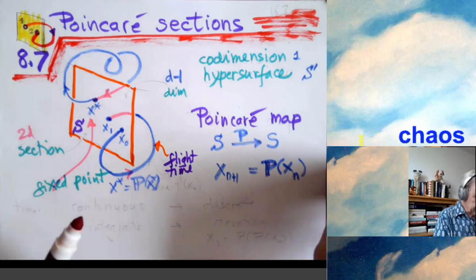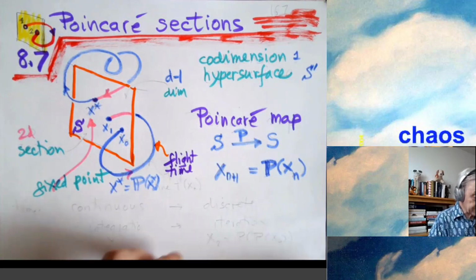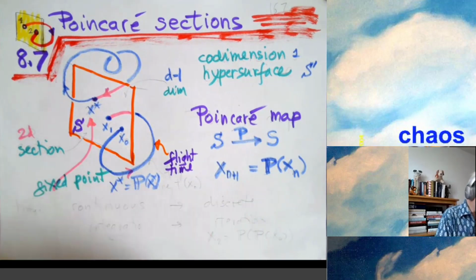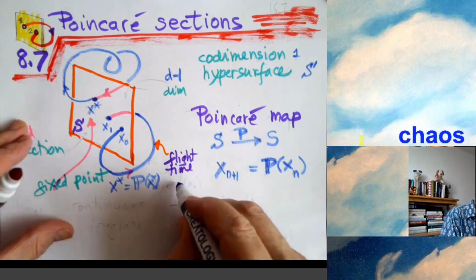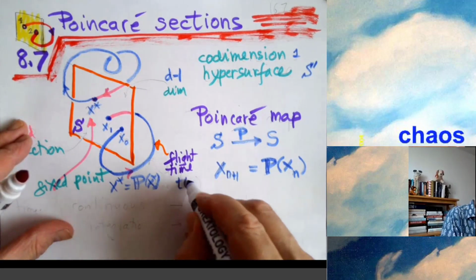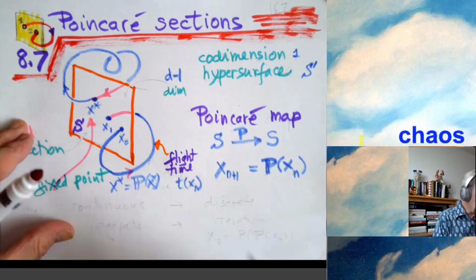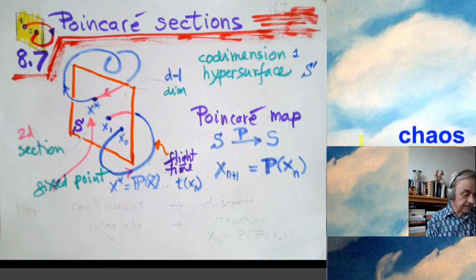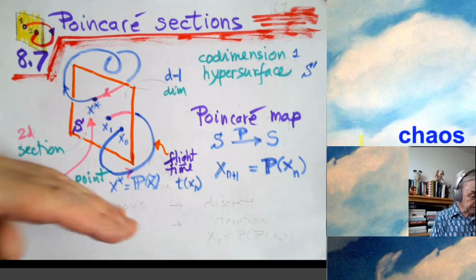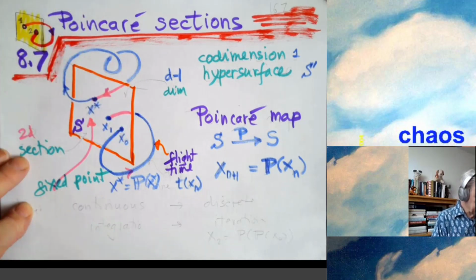And in general, this flight time is a function of the point you started in. So if I start someplace in space-time at point xn, depending where I start, I'll have different flight time. And now what has happened is that I used to have differential equations.